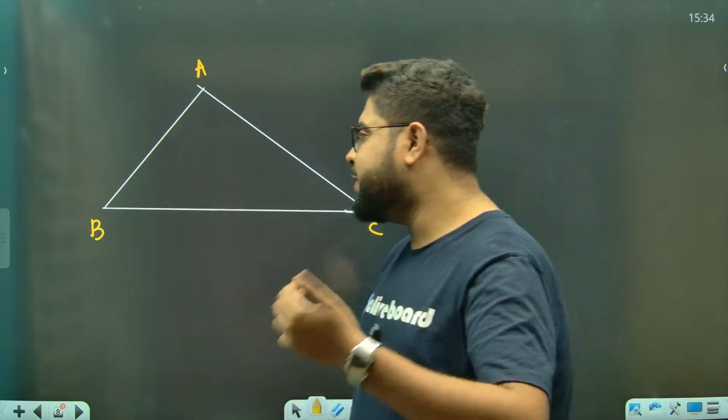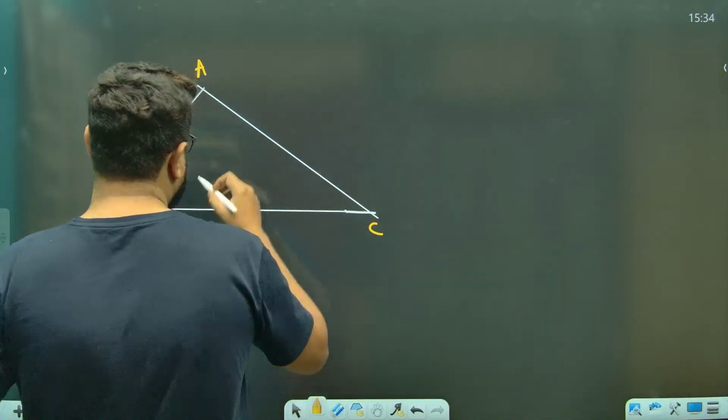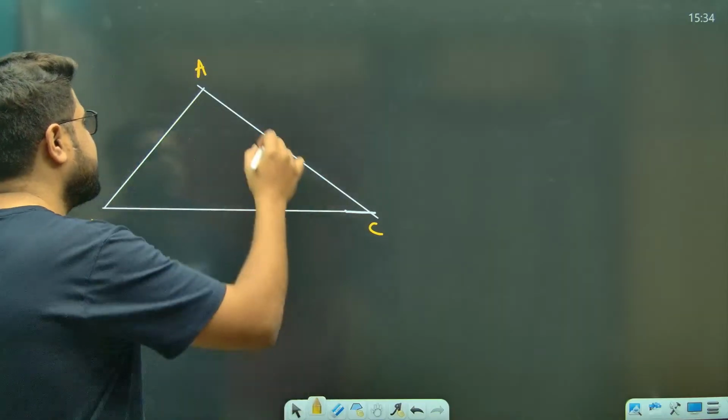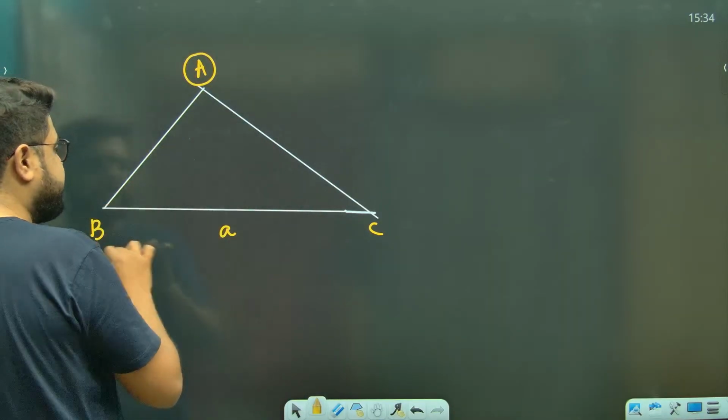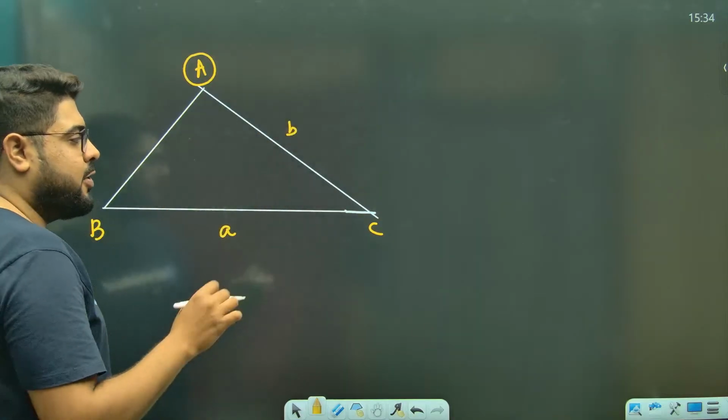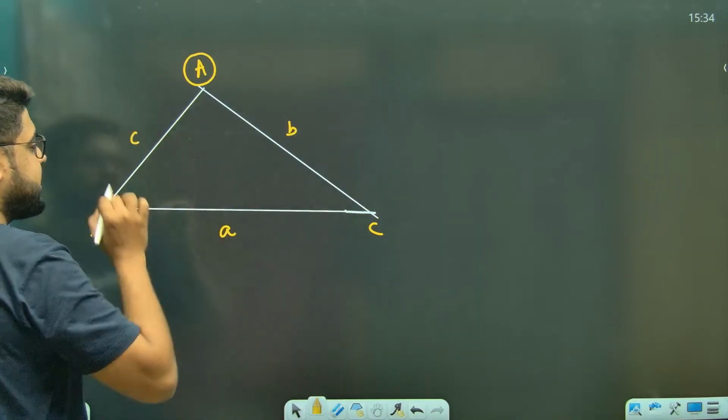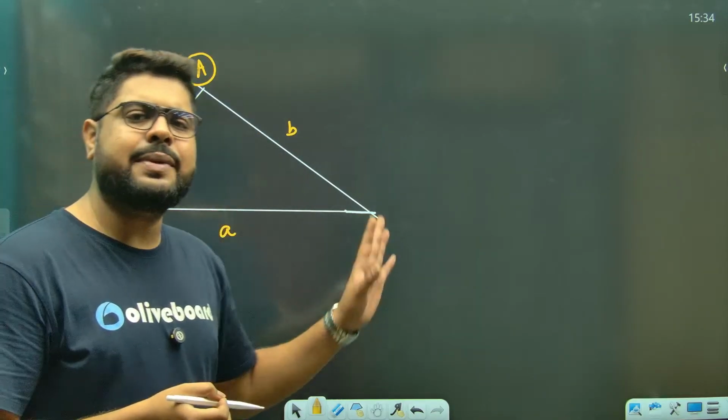There is a nomenclature we generally use. If this is A, the opposite side length we take as small a. If this is B, the opposite side is small b. If this is C, we take small c. This is not mandatory, but this is how it's done.